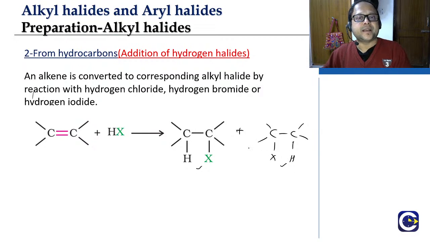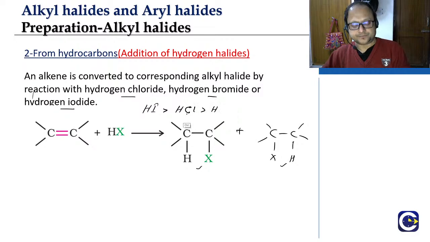And what are we going to add? We can add HCl, we can add HBr, we can add HI, and the order of addition is always HI more reactive than HBr, faster than HCl.